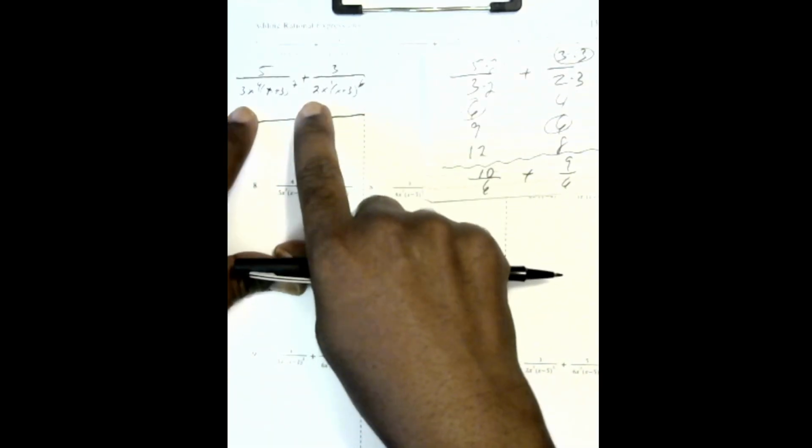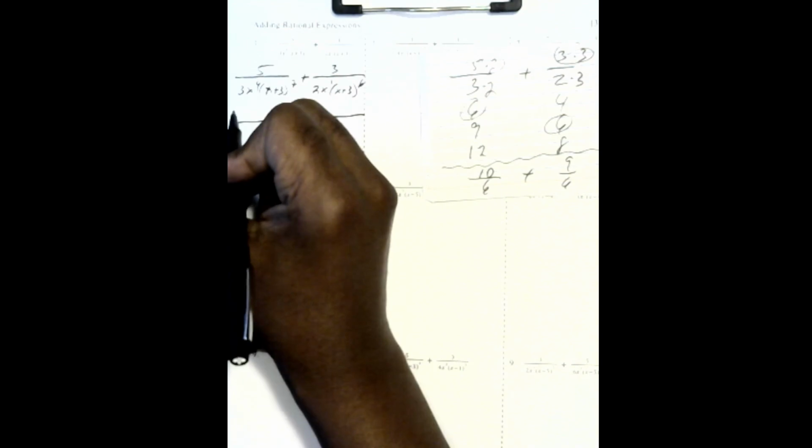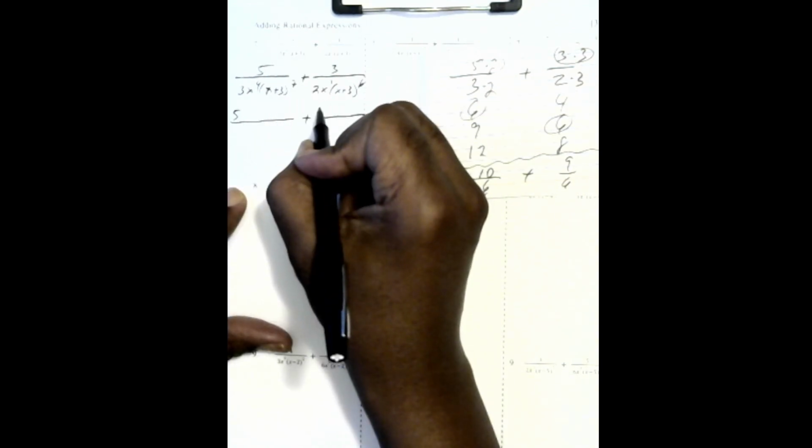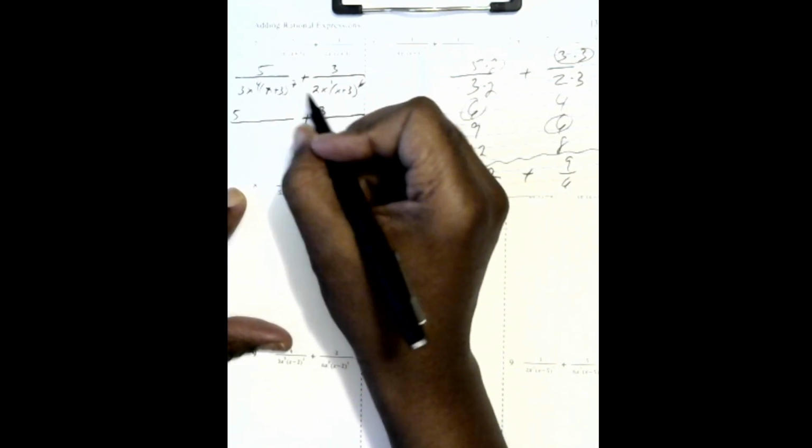So in the multiples of 2 and 3, for the 5 and 3, for 3, what turns that into a 6 would be multiplying by 2.